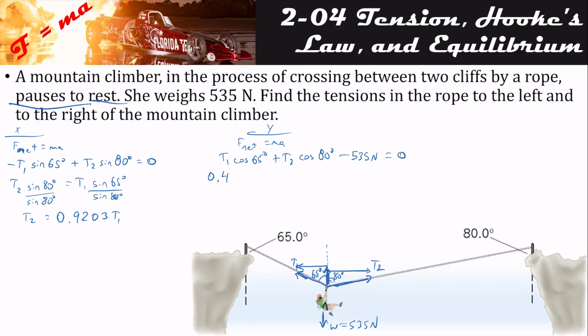Cosine of 65 is 0.4226. T2 is 0.9203 times T1, and cosine of 80 is 0.1736. So I'm going to multiply these two and add it to the 0.4226.